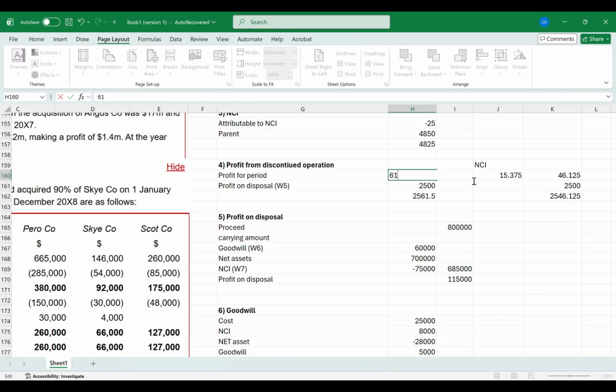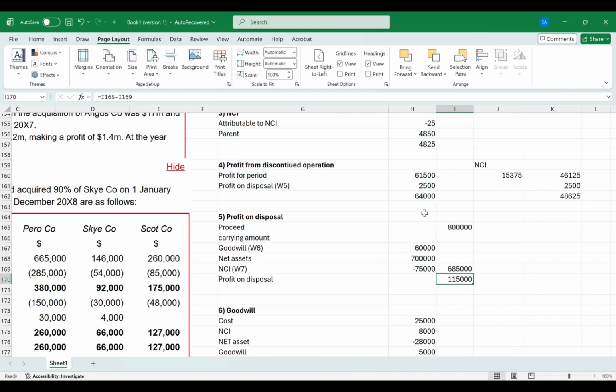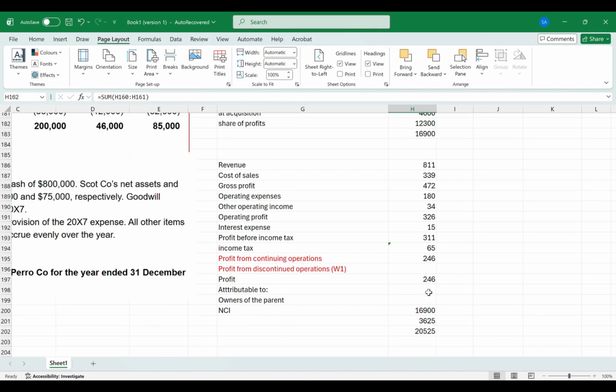Okay, this is 61,500 with this profit on disposal, which is this 115,000. So it's 176,500. This is the total profit. So this 176,500 is from discontinuing operation, that will be written here, 176.5. So this is your total profit.